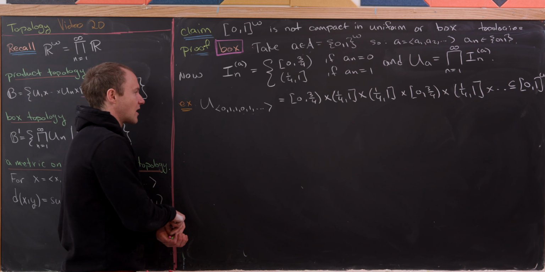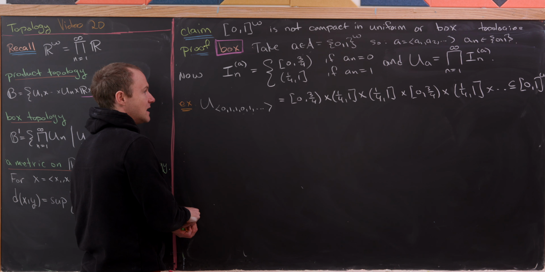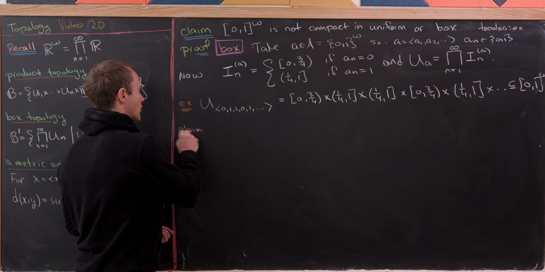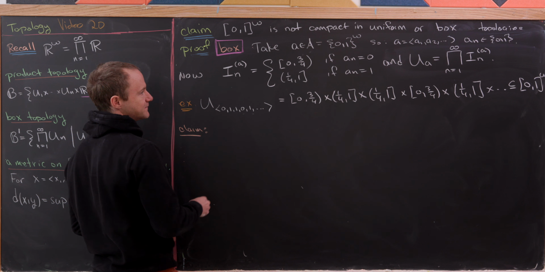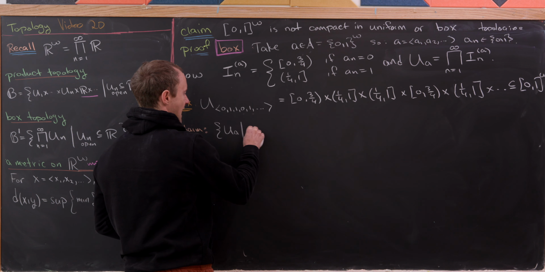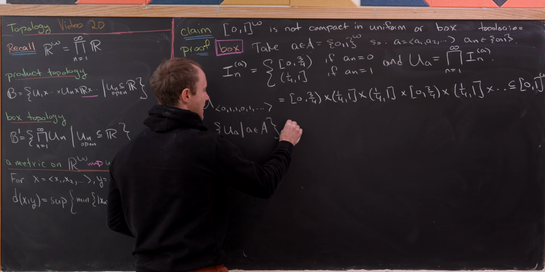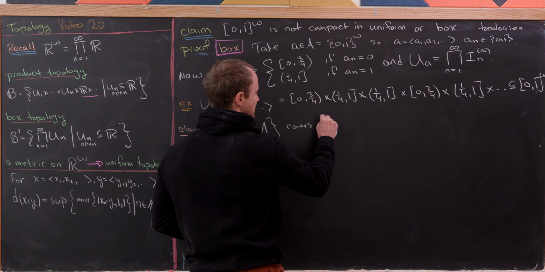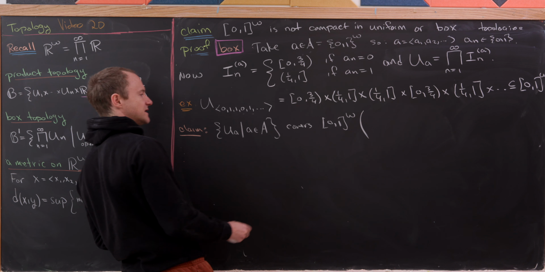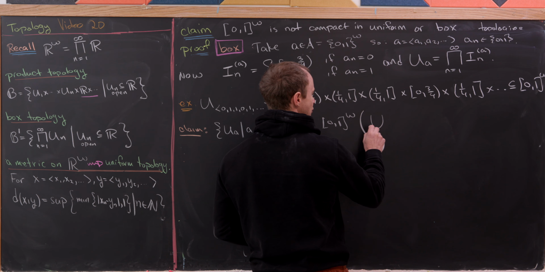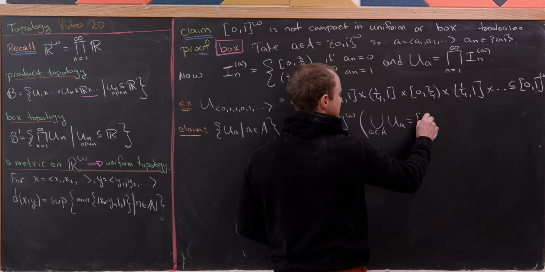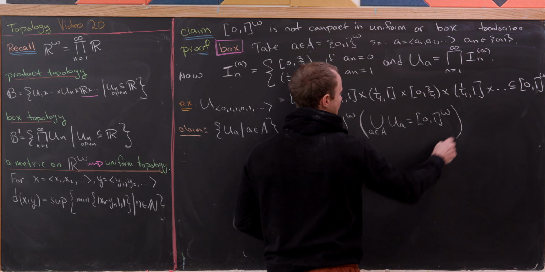And now we're going to make our claim, and that claim is that all of these U_A cover our [0, 1]^ω. So let's write that down. Here we've got U sub A, as A runs through all of A, covers [0, 1]^ω. But let's notice that that's equivalent to saying that the union as A goes over all of A of U sub A equals [0, 1]^ω.